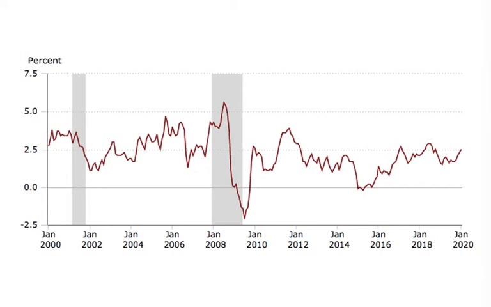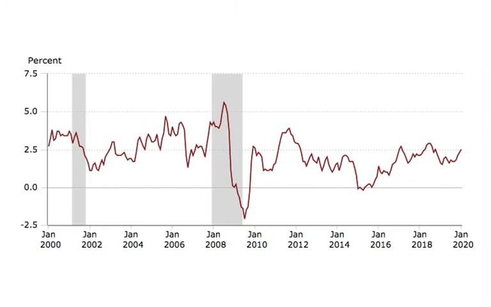If we look at just the last 20 years, this is the US's inflation. The gray areas are the first two recessions in the 2000s. And during this whole time, inflation has basically been pretty steady. It has not been that high nor that low.